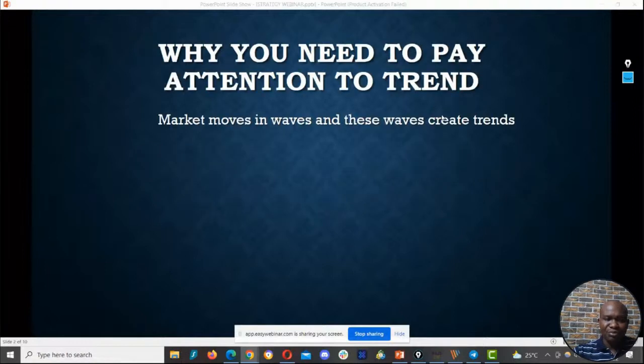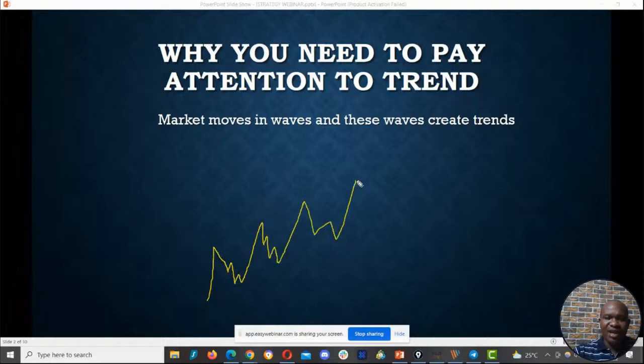Why you need to pay attention to trend. Market moves in waves, and these waves create patterns, guys. Let me show you this. We all know that every market starts with an impulse, and this impulse makes a correction, goes up, impulse again, another correction, impulse, correction, impulse. So markets move in a kind of wave movement because they are not in a straight line.